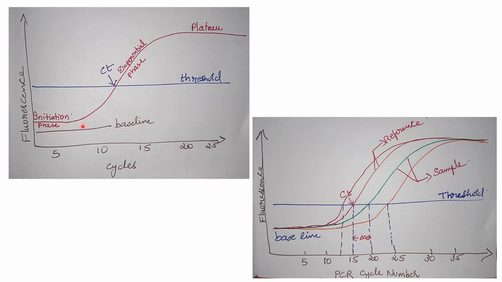Whereas the threshold line is the level of detection by the instrument, so it will distinguish the amplification. See here, once it crosses the threshold line, you can easily distinguish the samples, whereas here you cannot distinguish the samples. So that is the threshold line.